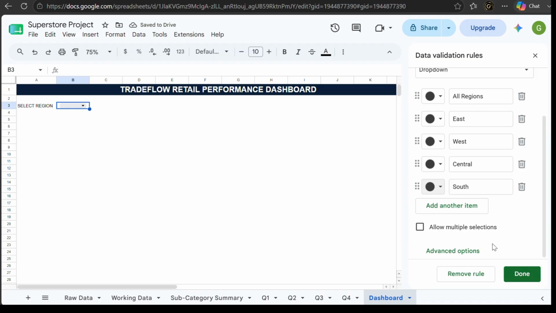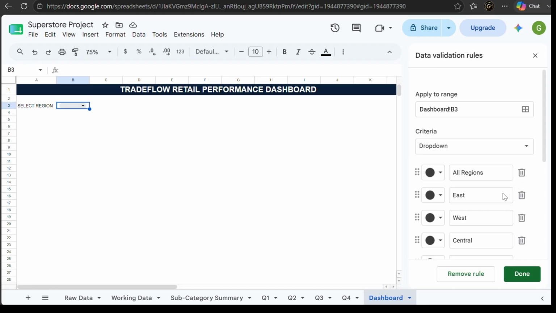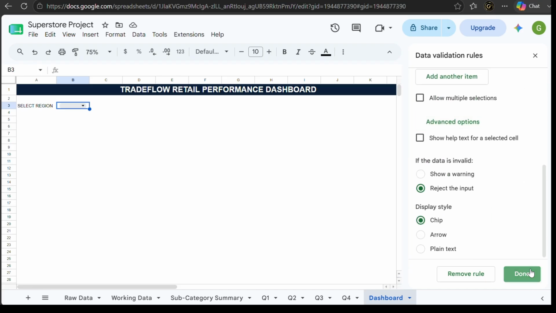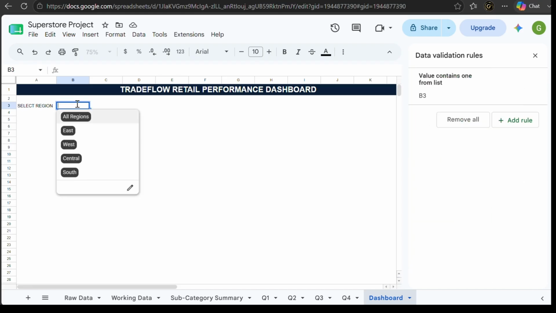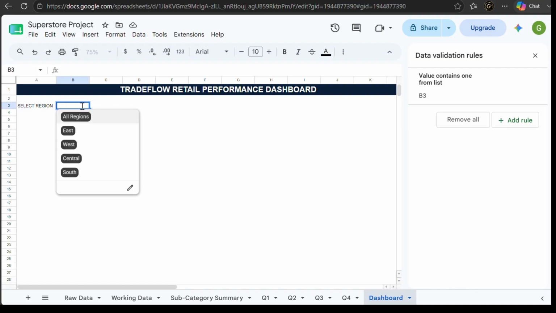What's in advanced options? Okay. So let's see what it looks like for us here. If I come down here, yep. So I can say all regions. So anytime I want to filter, I just filter by any of these here. So I think that makes a lot of sense to me.